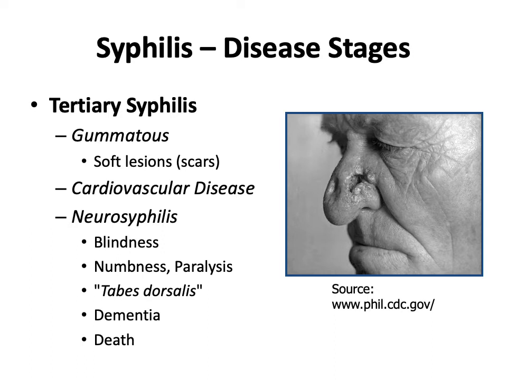Structural damage to the central nervous system often leads to blindness, dementia, and paralysis. The degeneration of the spinal cord in tabes dorsalis manifests as a broad, flat-footed gait, said to resemble Frankenstein's monster in the old horror movies.